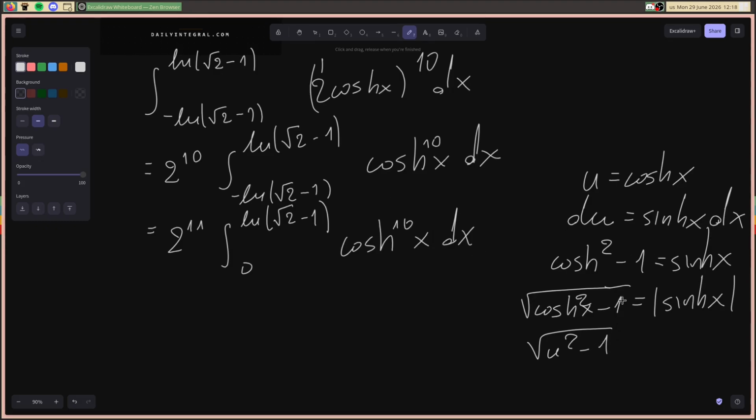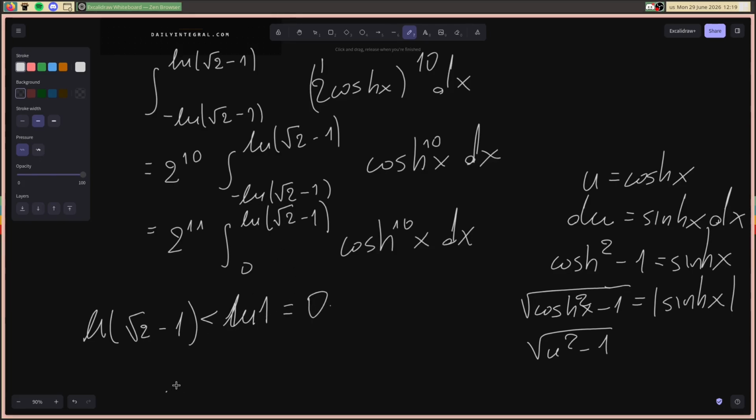But now we need to remove the absolute values, and the way we do that is, first notice that our integral is on the interval between 0 and ln of square root 2 minus 1, but square root 2 minus 1 is less than 1, meaning that ln of square root 2 minus 1 is less than ln 1, which is 0.